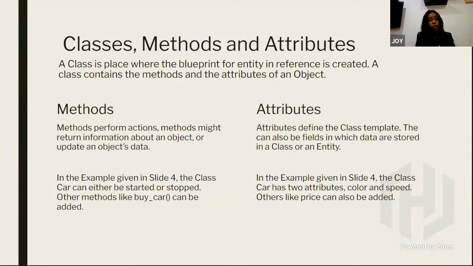So now methods also have some features, right? You can have access modifiers, you can have input values and output values. Now, for my start car, I can decide to take in an integer value.